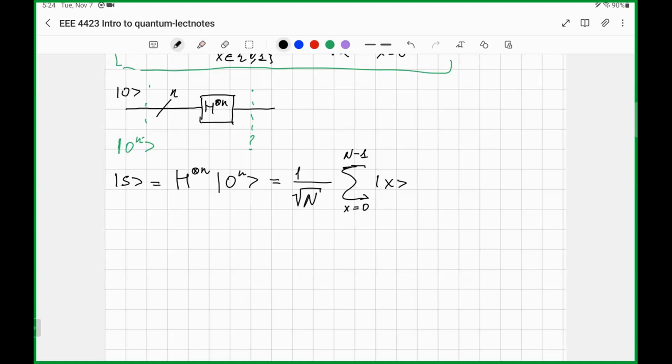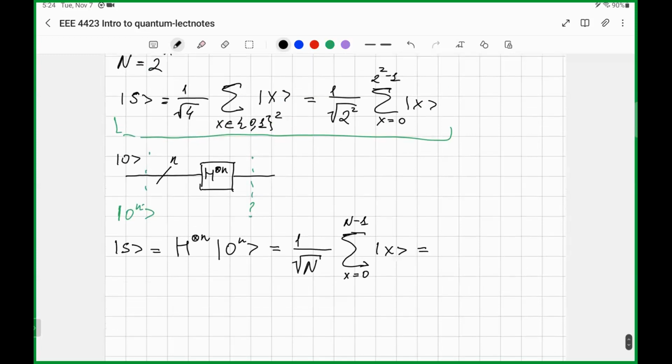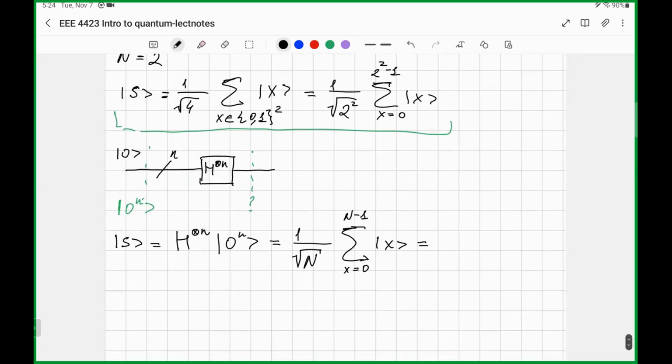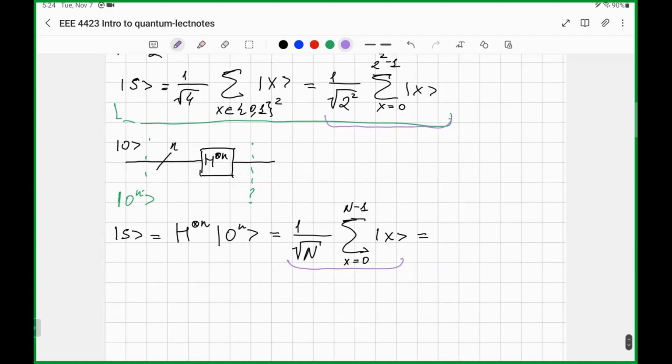The same can be written. So this part is a generalization of this part for the 2-qubit system to the system with n qubits. And now I can write this part also, which is going to be 1 over square root of 2 to the power of n, right?